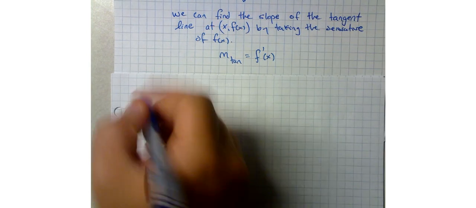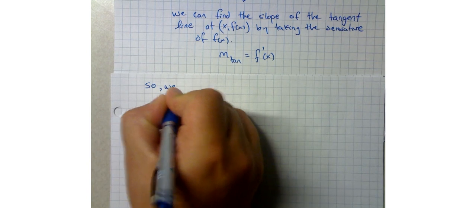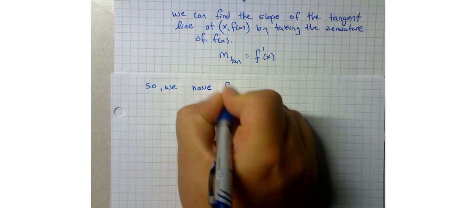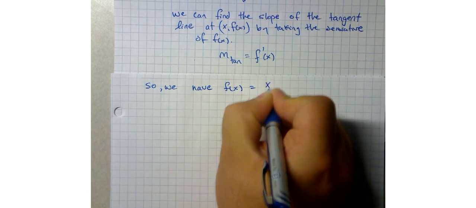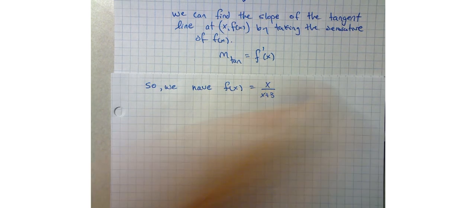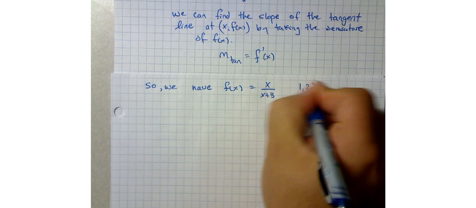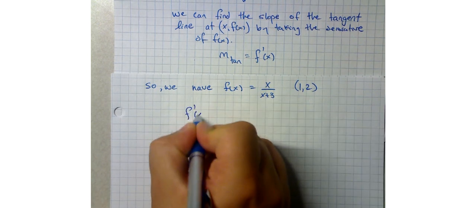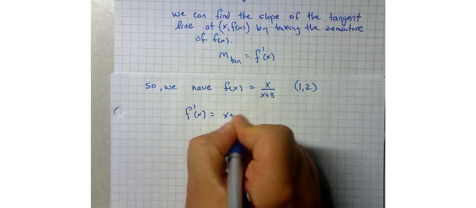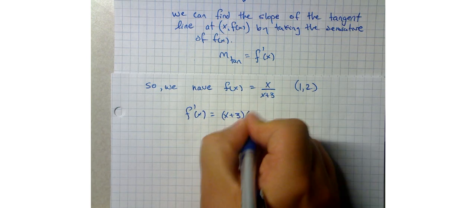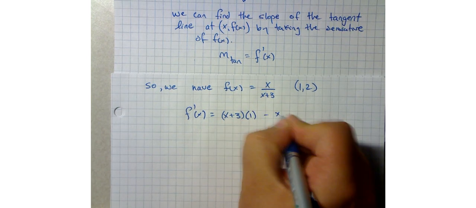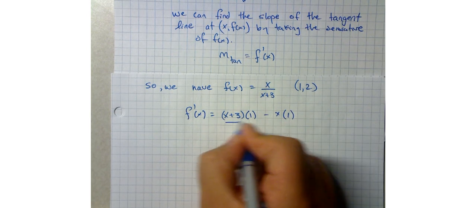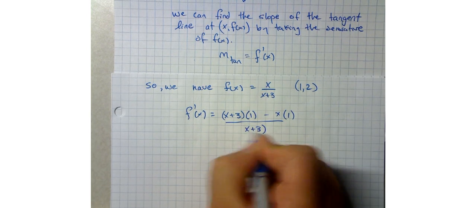So in my case, I have f of x is equal to x over x plus 3, and I have the point 1, 2. And so filling in my derivative, first of all, how do I get the derivative from the quotient rule? It's low d high minus high d low. Derivative of the top is 1, minus x times the derivative of the bottom, which is also 1, all over x plus 3 all squared.